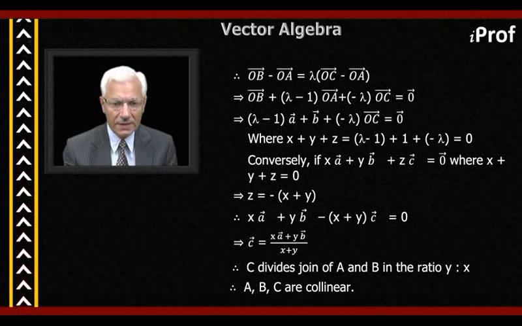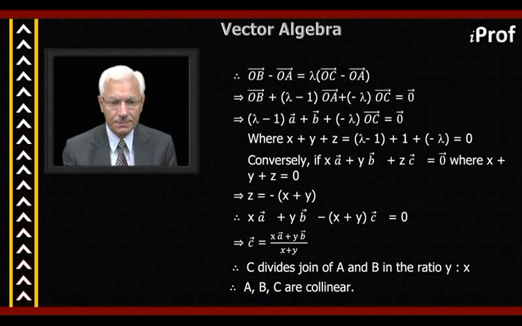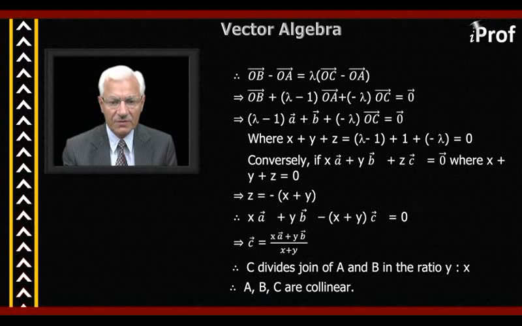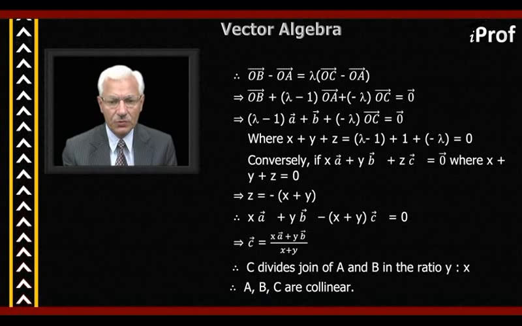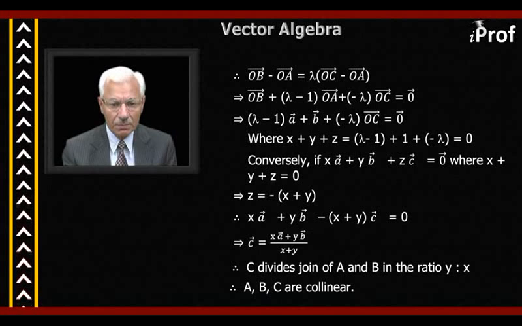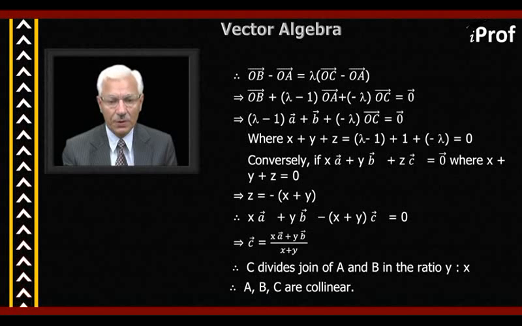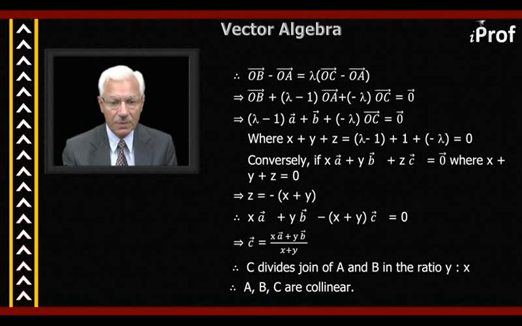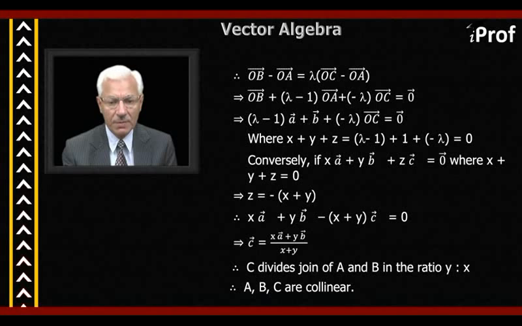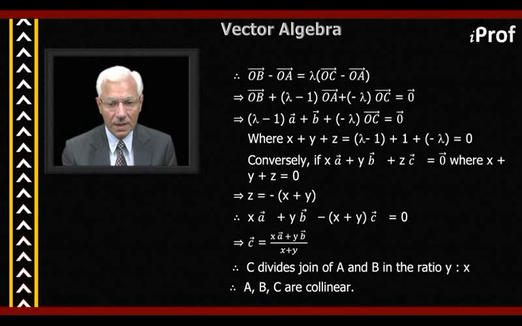That is, OB minus OA is equal to lambda times (OC minus OA), which gives OB plus (lambda minus 1) times OA plus (minus lambda) times OC is equal to 0, or (lambda minus 1) times vector A plus vector B plus (minus lambda) times vector C is equal to 0, where x plus y plus z, x being lambda minus 1, y being 1, z being minus lambda, becomes 0. Hence the result.